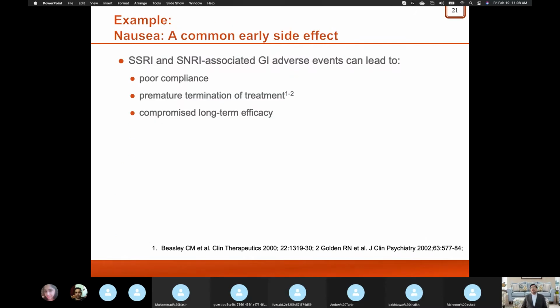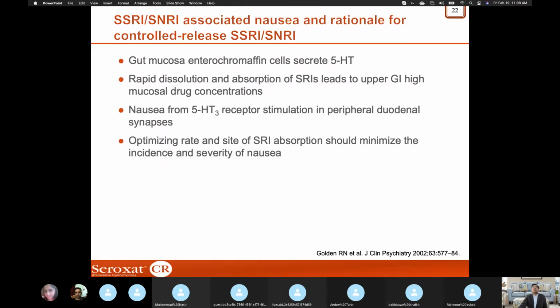Nausea is an early common side effect of SSRIs, and SSRI-associated GI adverse events can lead to poor compliance, premature termination of the treatment, and compromised long-term efficacy. Gut mucosa enterochromaffin cells secrete 5-HT.